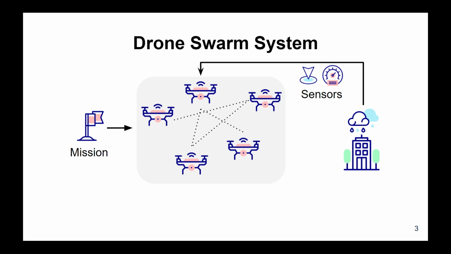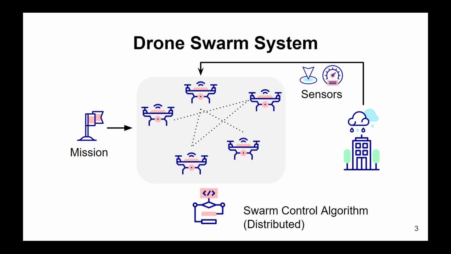After that, these swarm members will share their own state through the communication channel so that every drone knows the neighbor's location and velocity. In the end, the distributed swarm control algorithm, which is equipped in each drone, will generate control commands based on the neighbor's location and velocity.